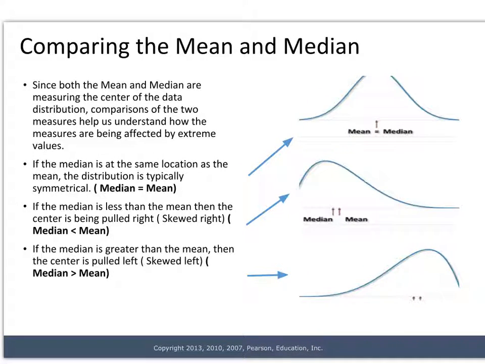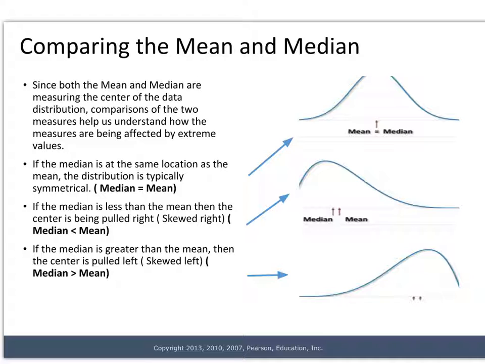If the median is less than the mean, then the center is being pulled to the right. It is skewed right. If the median is greater than the mean, then the center is pulled left and it is skewed left.